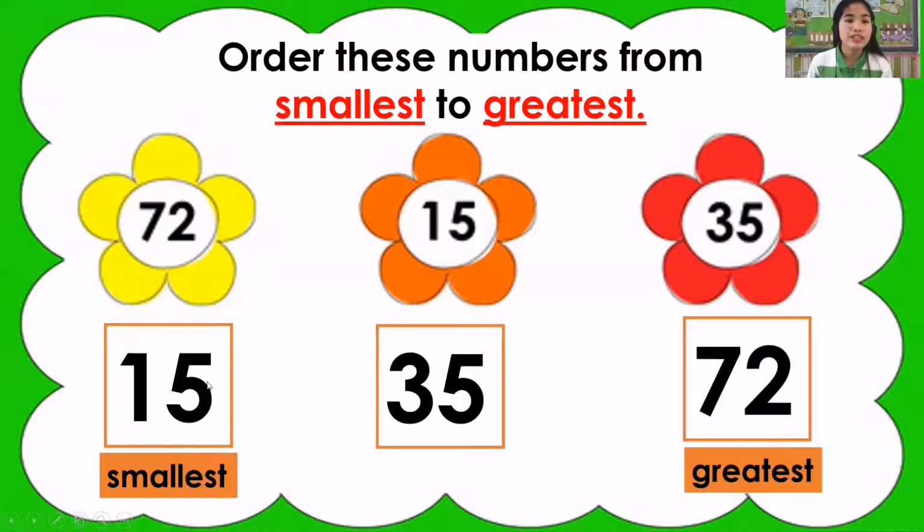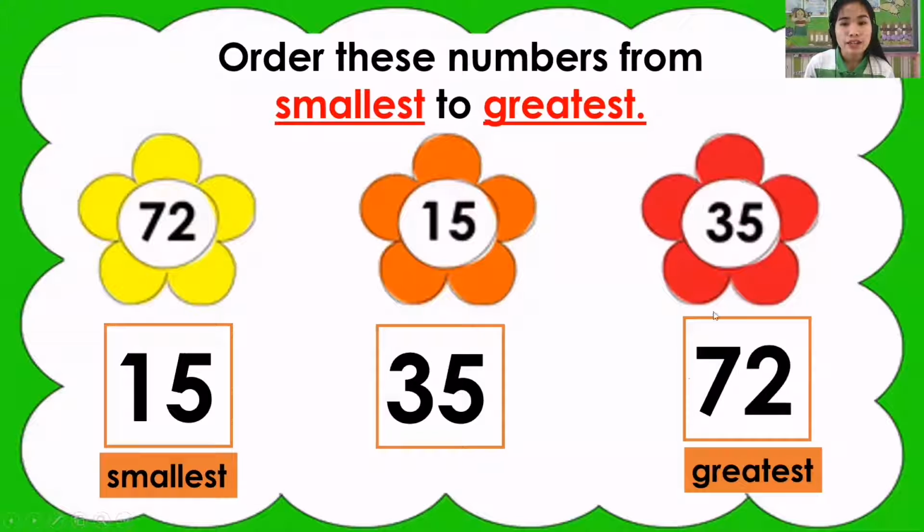Next, what is the next number which is greater than 15 here? Among the three numbers here, what is the greater number than 15? Is it 72 or 35? The answer there is 35. So you will copy 35 here on the box.